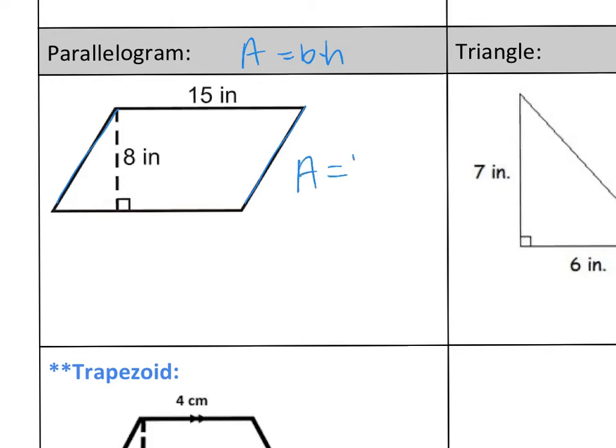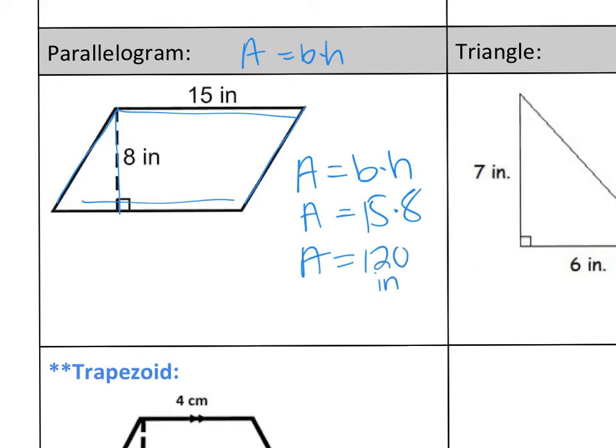So A is equal to B times H. A is equal to 15 times 8, 120. Oh wait, sorry, I forgot to plug in the numbers. I want you to do that, even though it seems tedious. So the base here would be 15, and then the height would be 8, and area is equal to 120 inches squared.